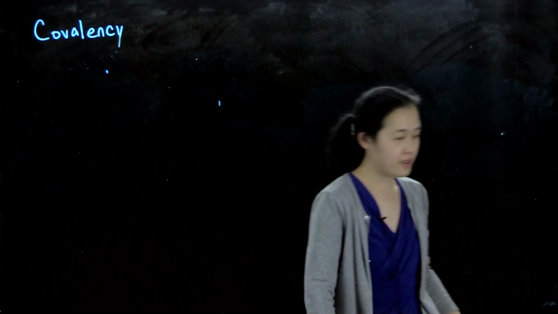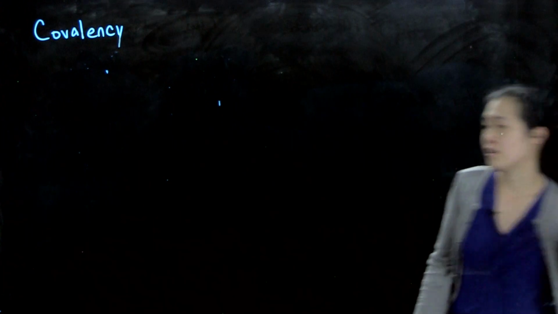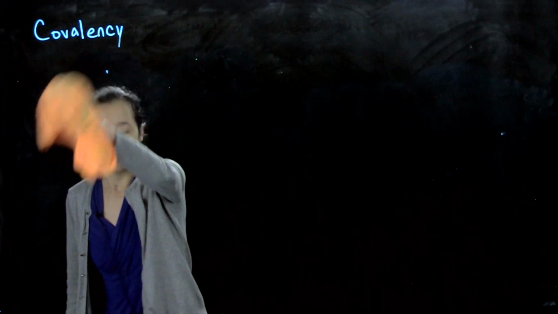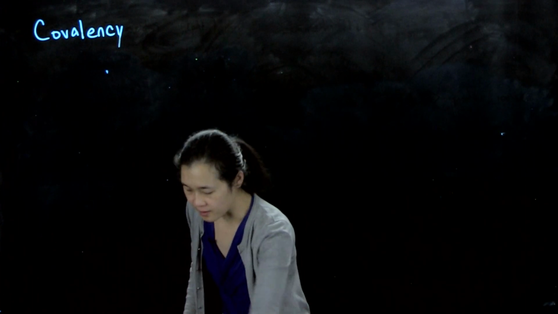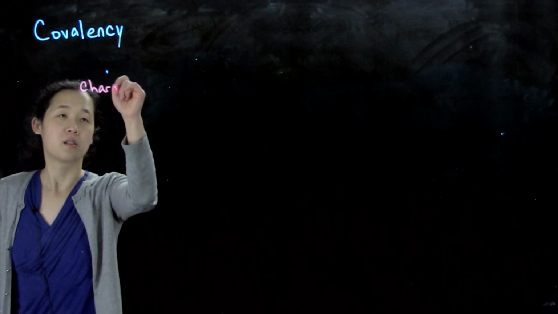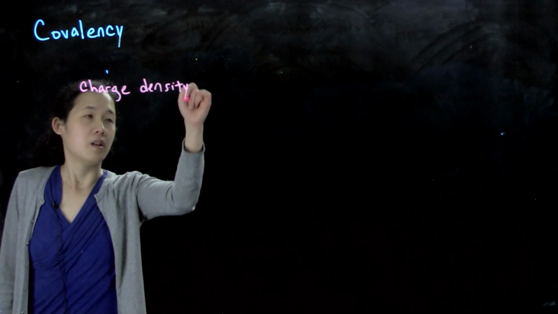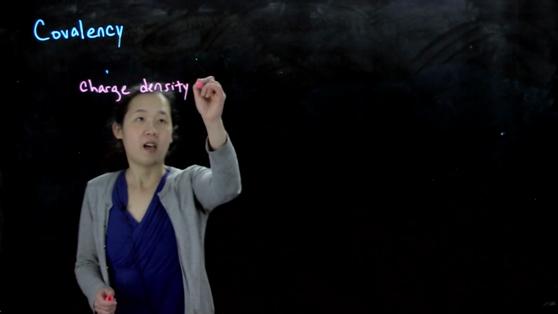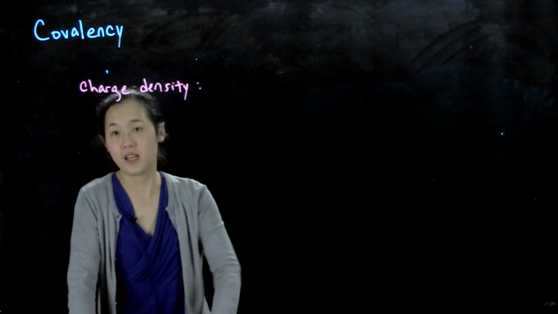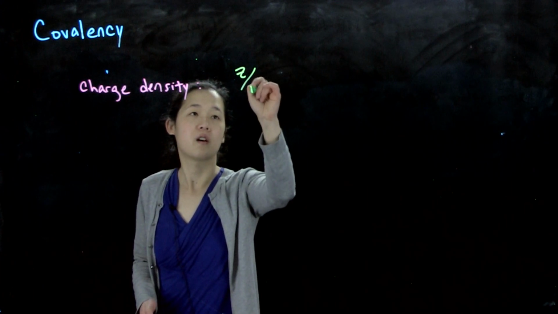So one thing to consider, if we're no longer thinking about just electronegativity and the MOs, is the concept of charge density. That's defined, for an ion, as z over r.